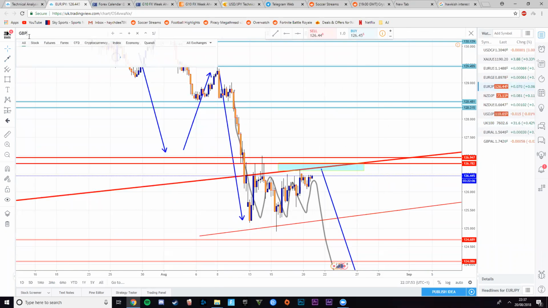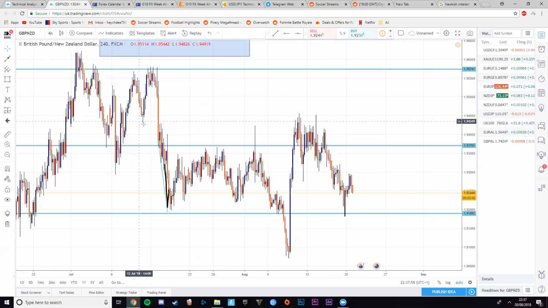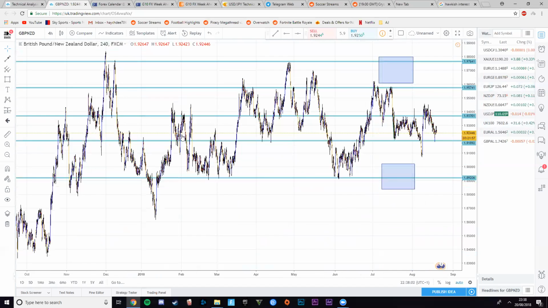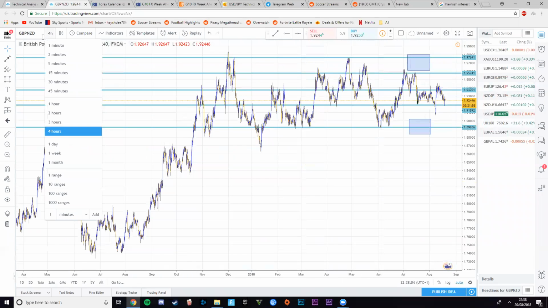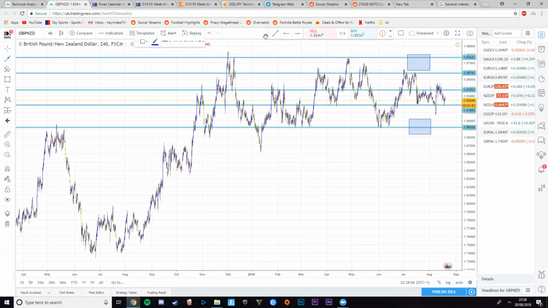GBP NZD. Straight away, the pattern I can see is, I can draw this straight away.